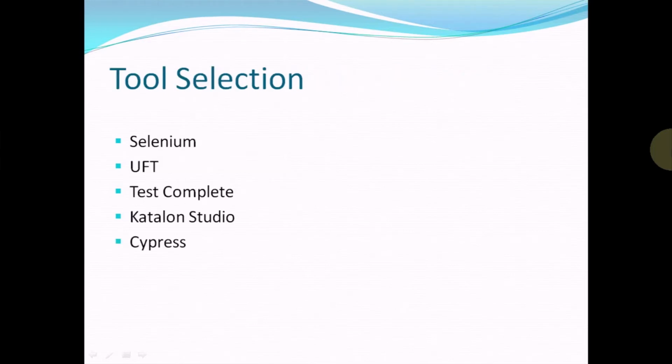Tool selection. In the market we have a number of open source as well as licensed versions. Generally, companies will prefer open source tools, which are not going to cost them more. There are different open source tools like Selenium, Cypress, and some other tools.